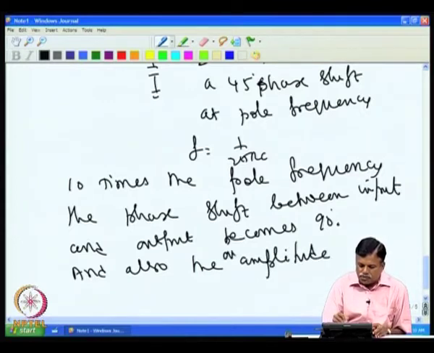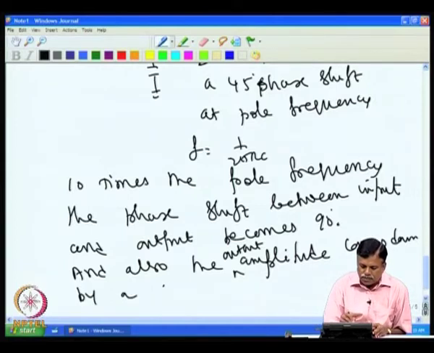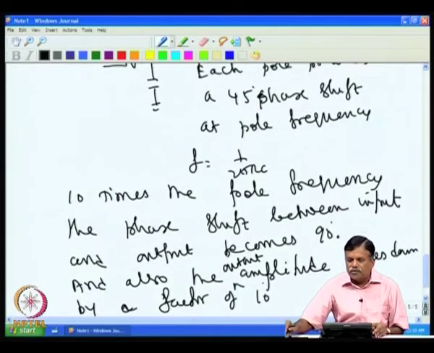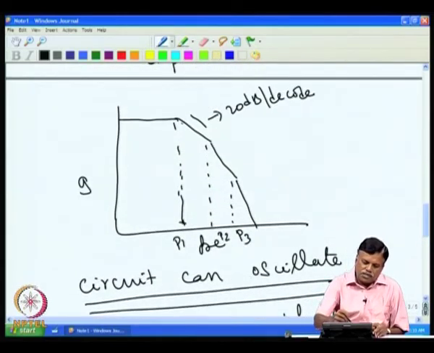The output amplitude comes down by a factor of 10.